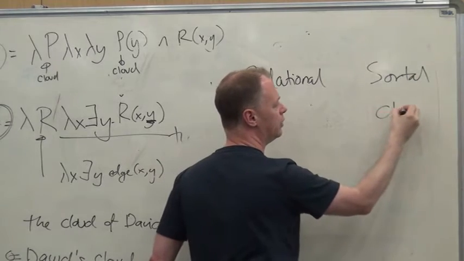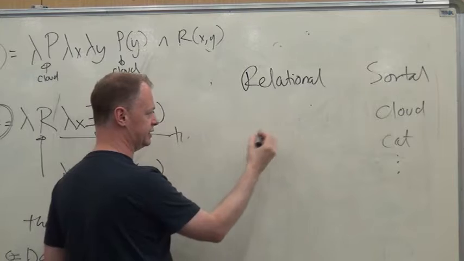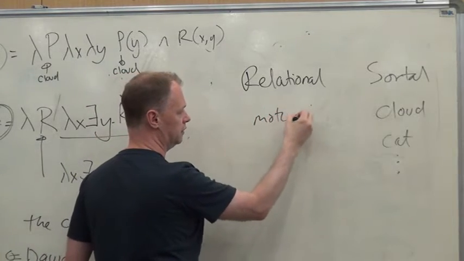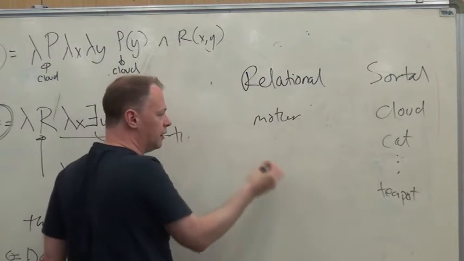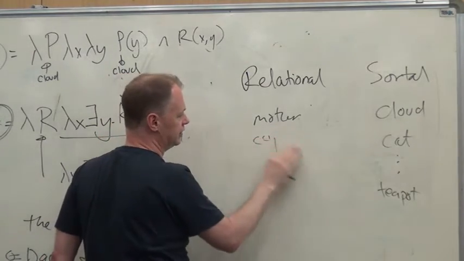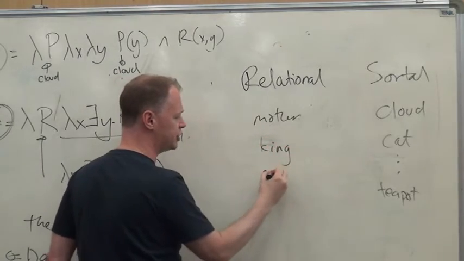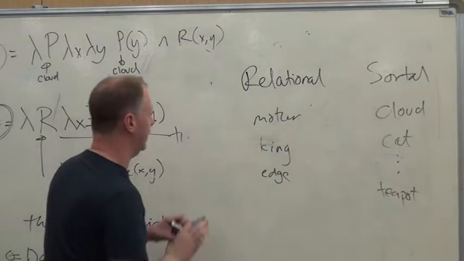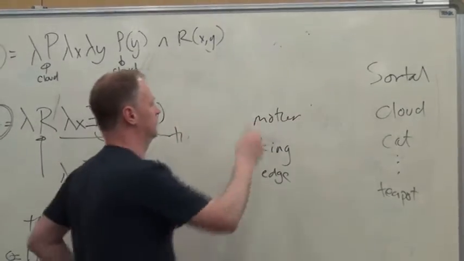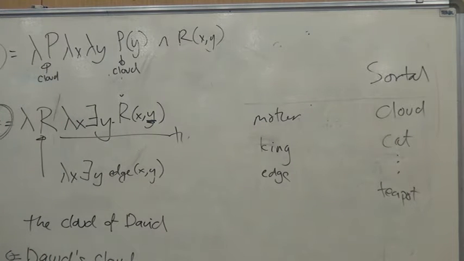Here it's like cloud, cat, etc. And here it's like mother, cup, king, edge, etc. That's the standard view, and I'm just going to say that actually they're all sortal. Right? There's no such thing as relational nouns in the syntax.